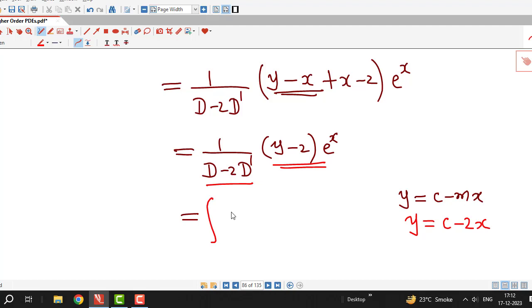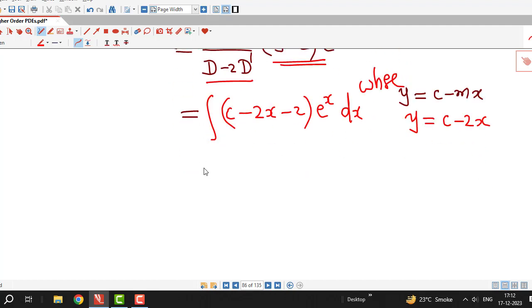So now I am replacing y by c minus 2x, and there is minus 2 here, into e raised to x dx, where y is replaced by c minus mx, m is 2, so we have c minus 2x. Now again we integrate with respect to x using integration by parts.